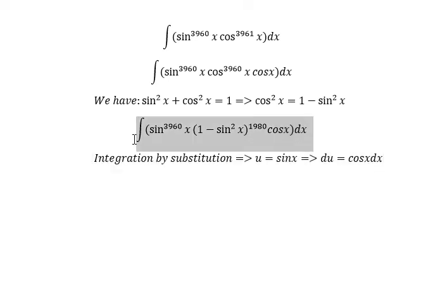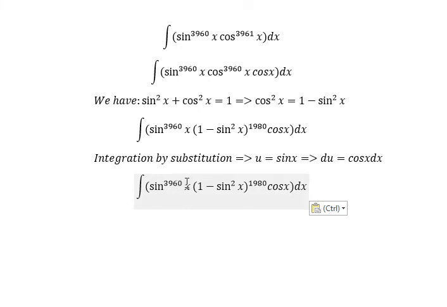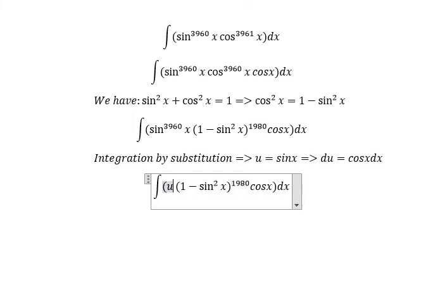So we change this integral. Sin x to the power of 3960, you got about u to the power of 3960. This one change to u squared. Cosine x dx we change to du.